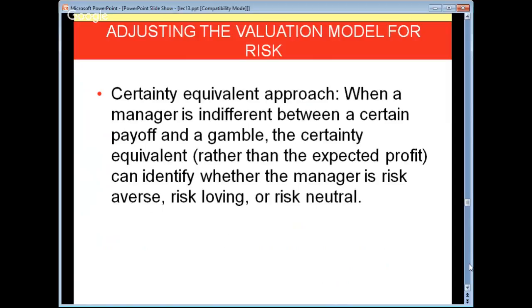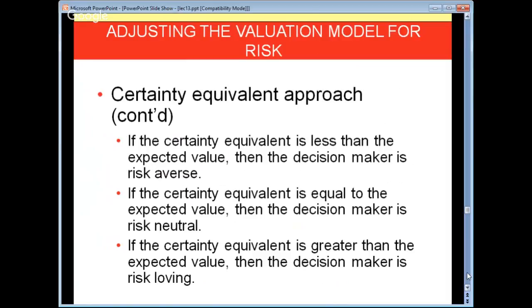Okay. Certainty equivalent approach. It's when a manager is indifferent between a certain payoff and a gamble. This is very similar to what we did a while ago, when we asked the person what probability would make them indifferent between the two outcomes. The certainty equivalent can identify whether the manager is risk averse, risk neutral, or risk loving.